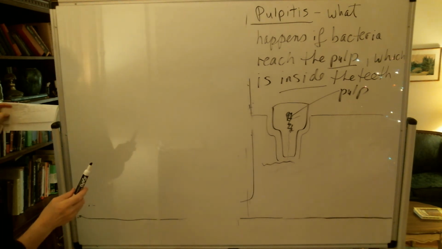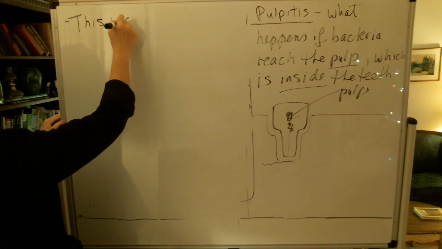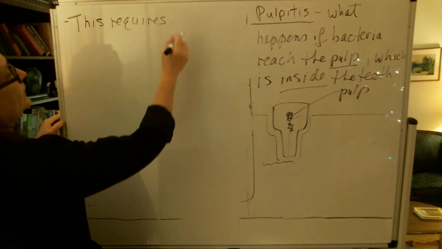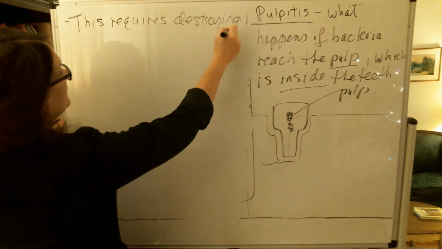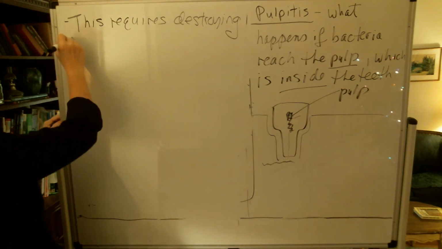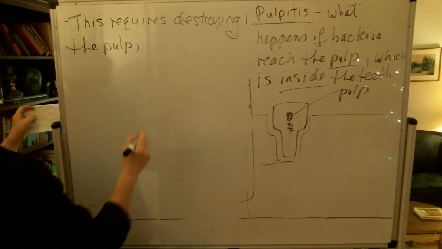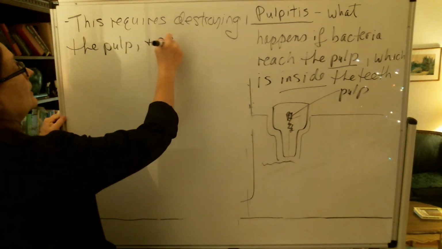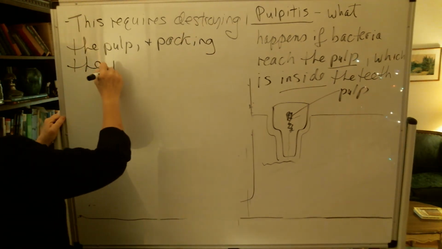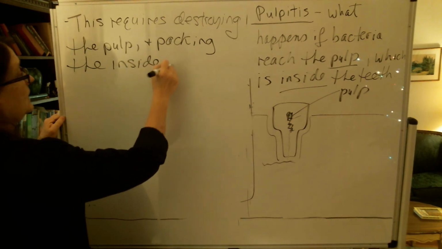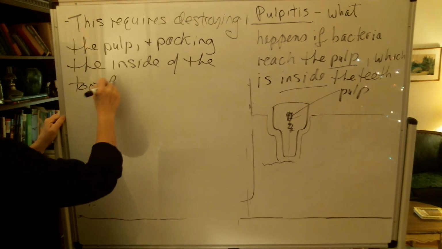So what do you do if you have that happen? This then requires actually destroying the pulp and packing the inside of the tooth.